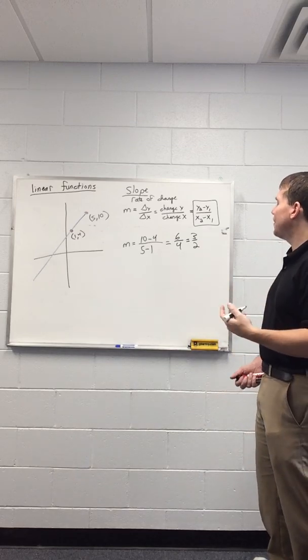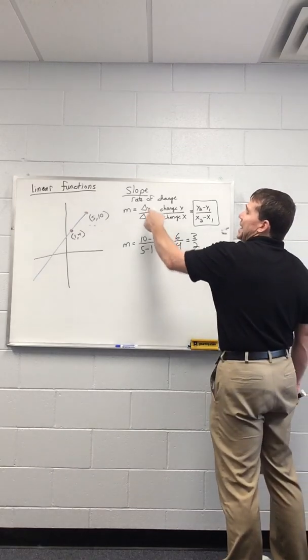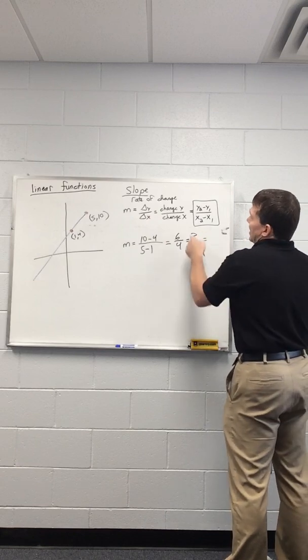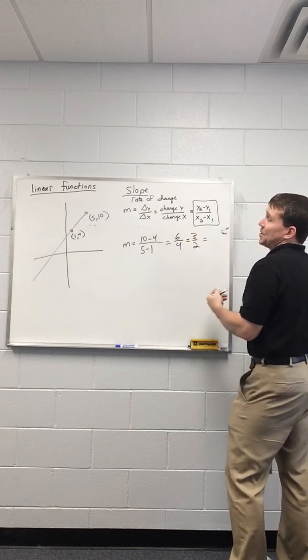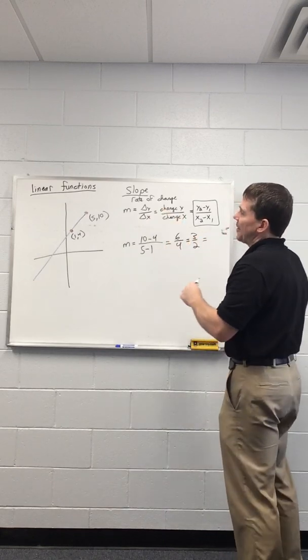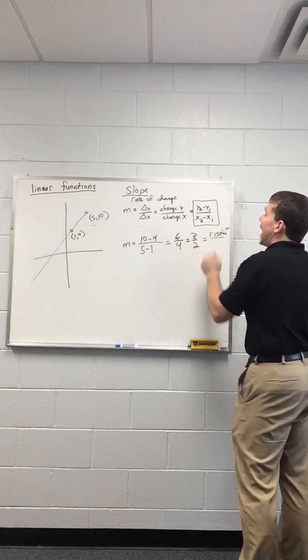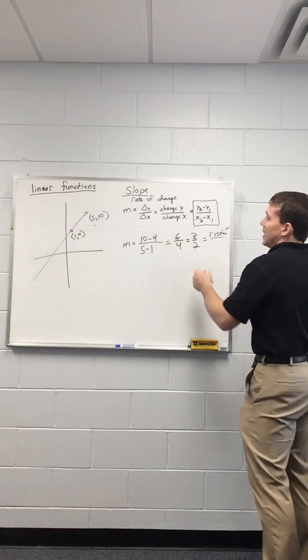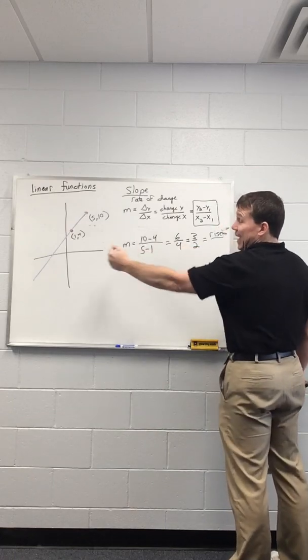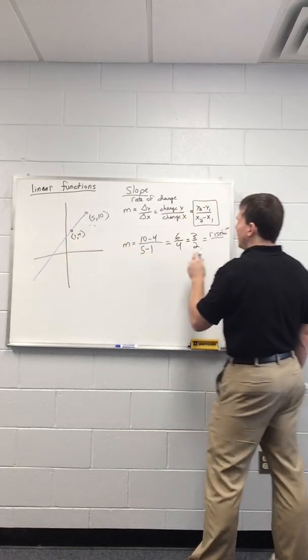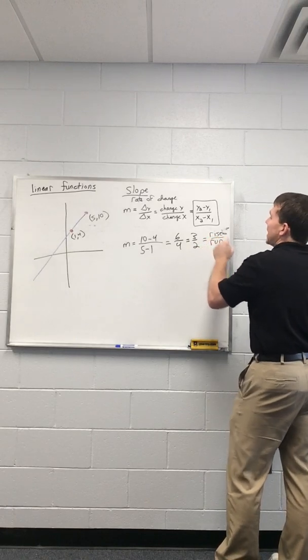Again, there are different ways to interpret this. Another way to interpret this: 3 represents the change in y, which is how much the graph goes up, how much the line goes up. So I can also say that's the rise, how much it goes up. This is the change in the x's, which is horizontal. So I could say this is run.